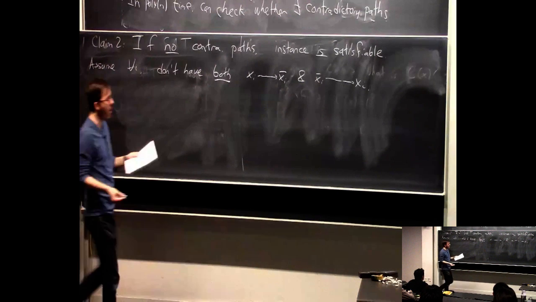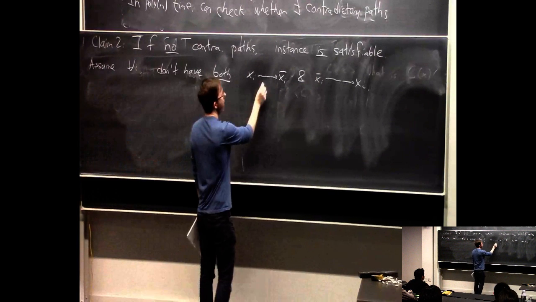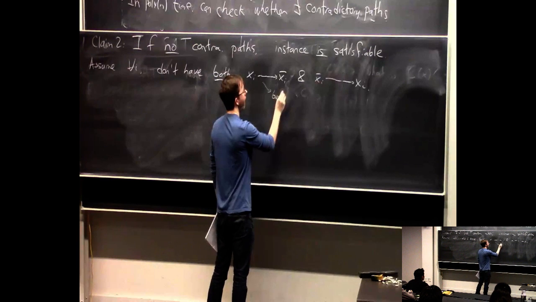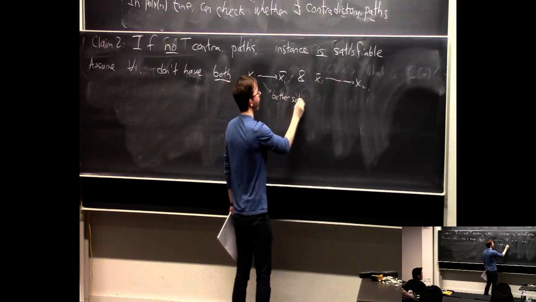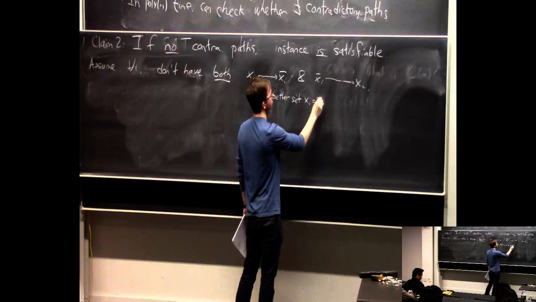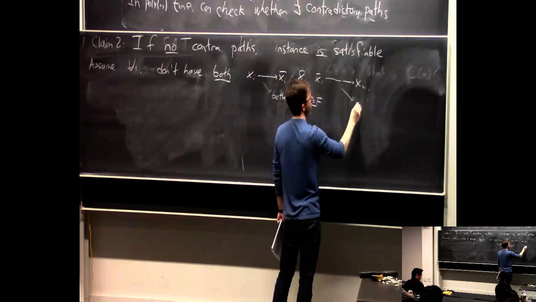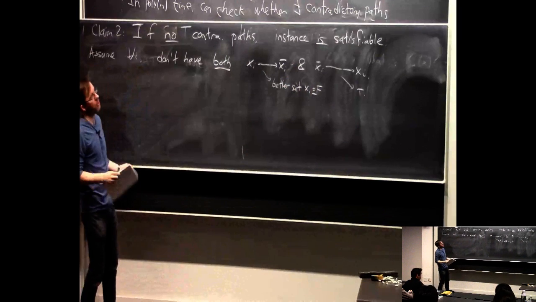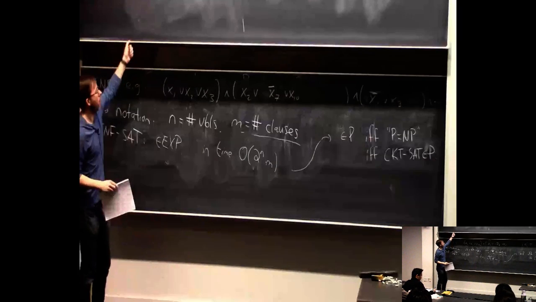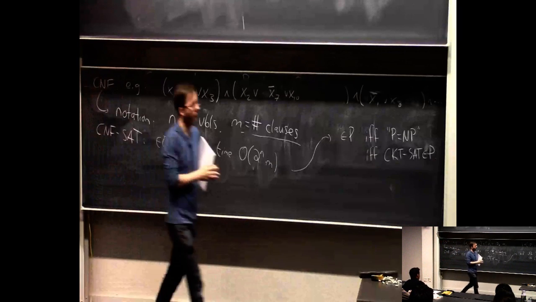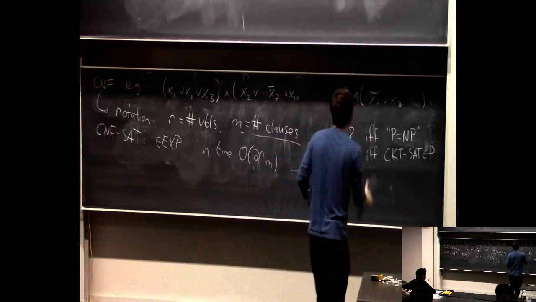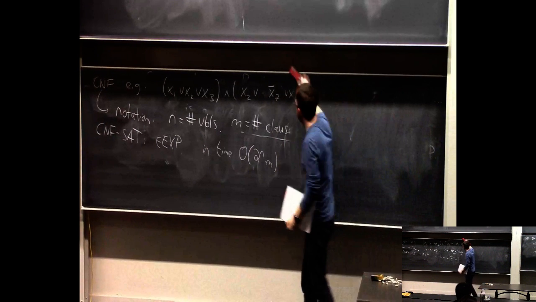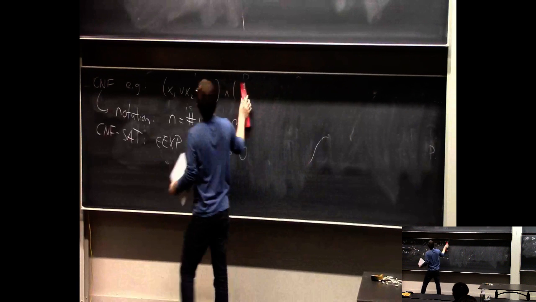Some parts of it are clear. Suppose you're looking around and you see that this path exists. Well, you better set xi to be false. And here, you better set it to be true. So sometimes, when you're looking for contradictory paths and at the same time trying to construct a satisfying assignment, your hand is a little bit forced.